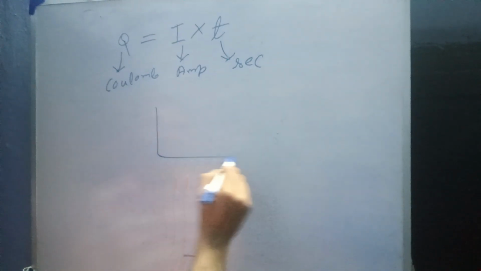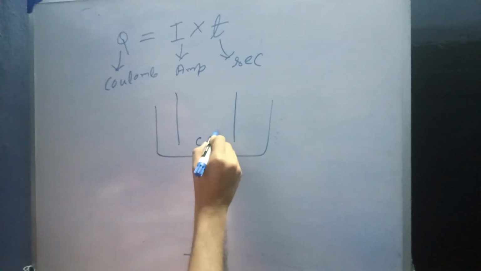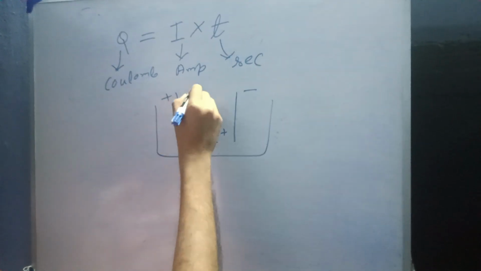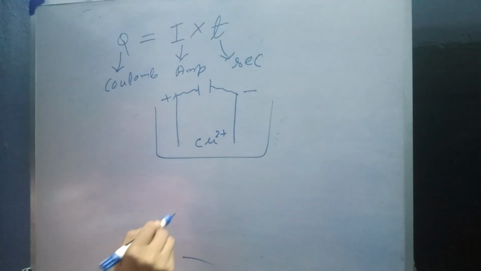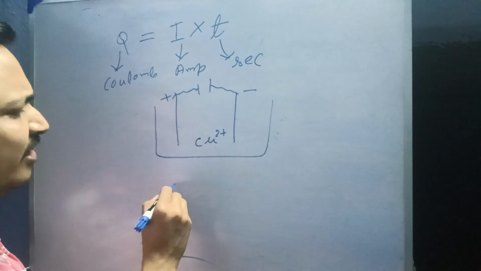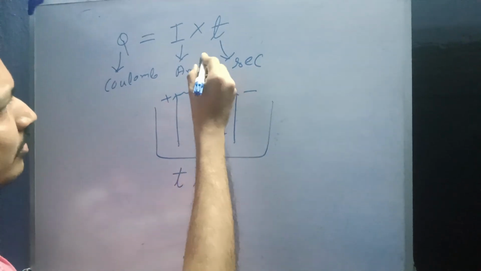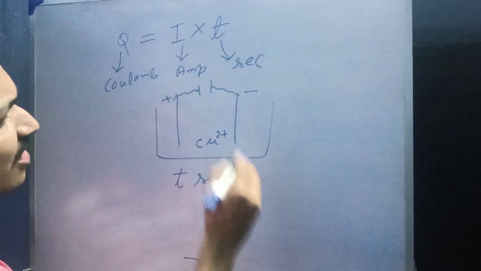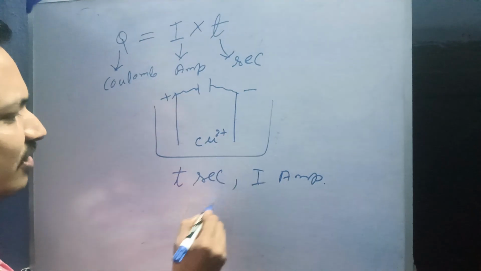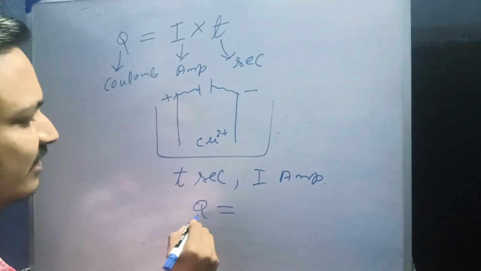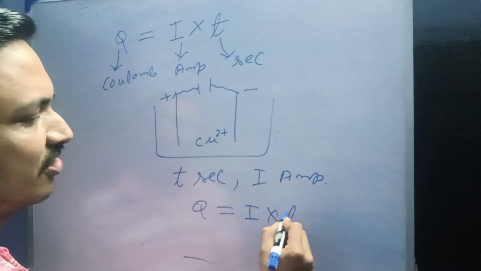That is, here there is a battery. If for T second, I ampere of current is passed through this solution, then the charge Q in coulomb passed through this solution is equal to I into T.